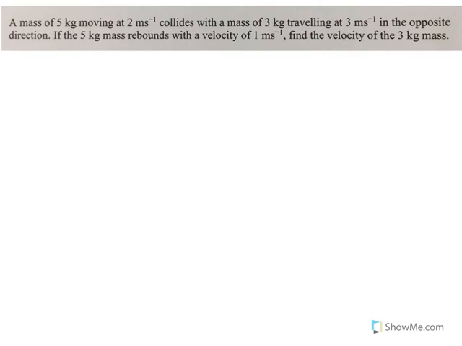In this example, a mass of 5 kilos moving at 2 metres per second collides with a mass of 3 moving at 3 in the opposite direction. So we've got that one that's 5 going this way at 2, and this one that's 3 going that way at 3. Let's rub that out and do that again.